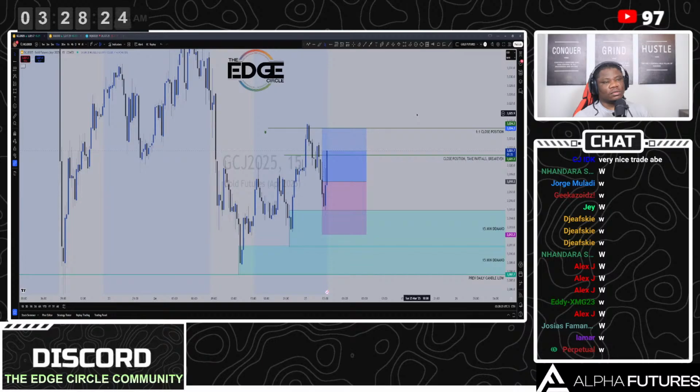You just gotta turn on the footprint chart in there, and there's also the heat map if you want to use that. I think they call it DOM surface, so it looks like a heat map. Different way to look at the DOM.